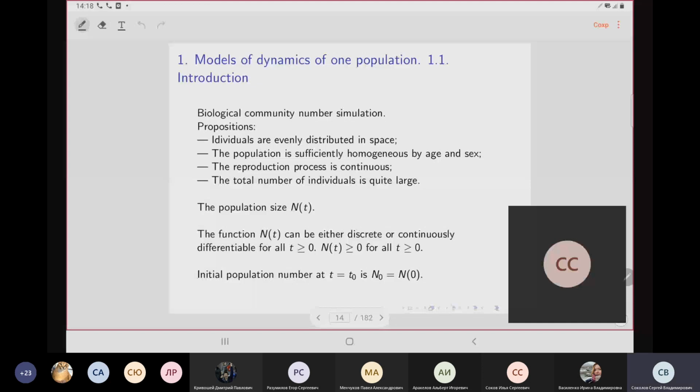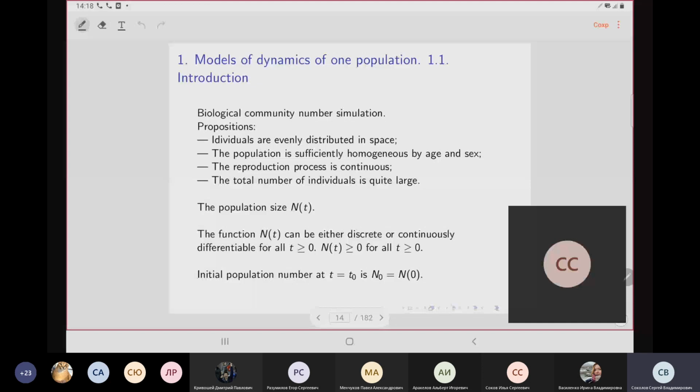So the first part of our lectures will be connected with the models that can be described with differential equations. So we must introduce some propositions to ensure that our biological community can be described with a differential equation.